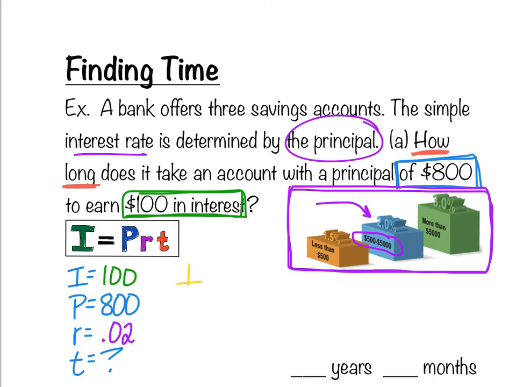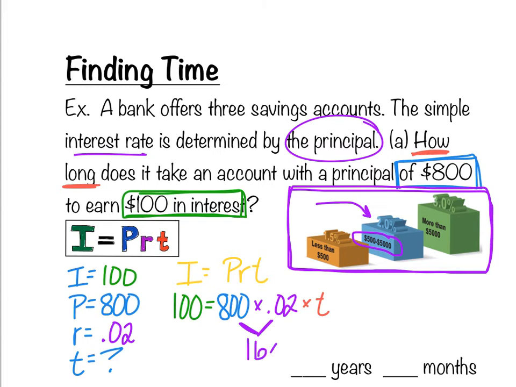rate. So we write I equals PRT, per the formula, and we're going to plug in $100 for I. We're going to plug in $800 for the principal. We're going to plug in 0.02 for our rate, and then we don't know what our time is. So we are given 2 of the 3 numbers on this side, so we're going to multiply the 2 numbers that we do have together. 800 times 0.02 is 16.